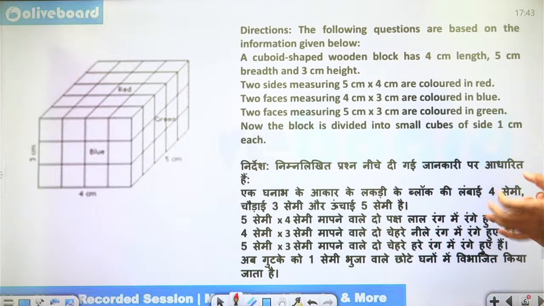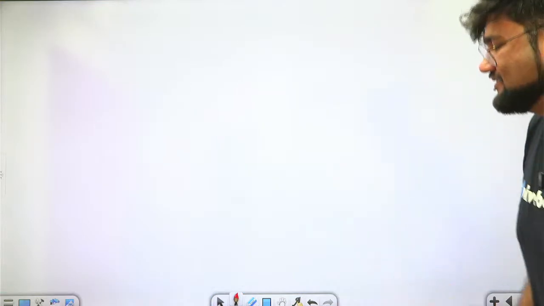This is a cuboid now. For cuboid, I have to give you some instructions. Okay. So for a cuboid, you will just modify the cuboid a bit from a cube.